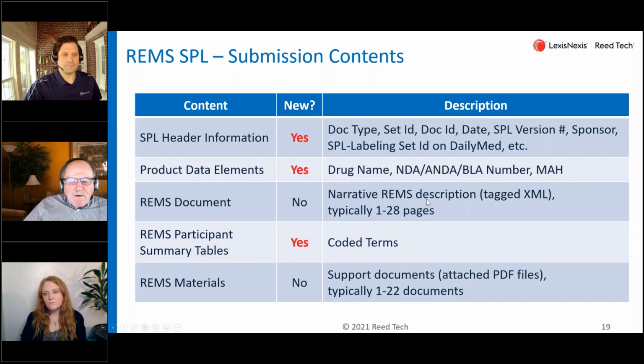So that's narrative that is simply able to be tagged by XML. It makes heavy use of tables, which is a little bit of a challenge for those that are not familiar with SPL and working with tables. And then this is the new element, the next to last row at the bottom here, this REMS participant summary table.